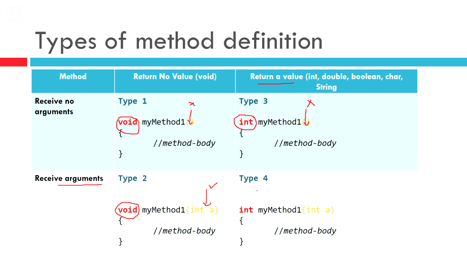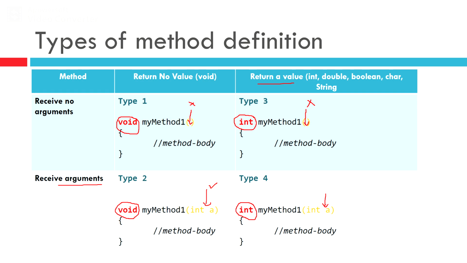The type 4 method also return a value. That's why we put here the example of return type is integer. Once again, this is only an example. The return type for this type 4 method can be either double, boolean, char or string. But the difference between type 3 and type 4 is we have one parameter involved, which is the parameter name is A and the data type is integer.